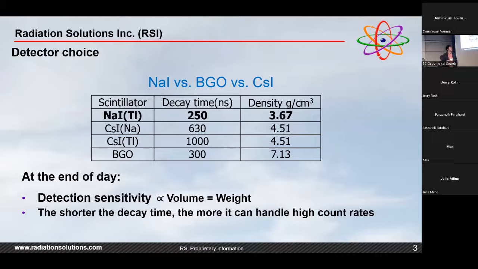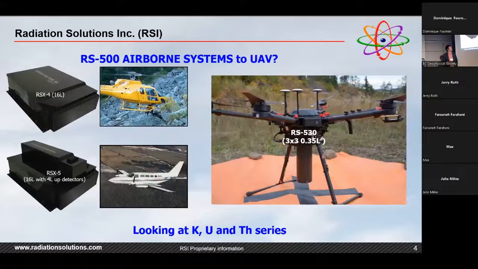At RSI, we are specialists in the sodium iodide type crystal, and it came from the very large airborne packs that have been flying either in helicopter or fixed wing, that are using 4 times 4x4x16 crystal logs, so a total detection volume of 16 liters, or even one at the top for accounting for cosmic and doing some cosmic subtraction when you're flying high.